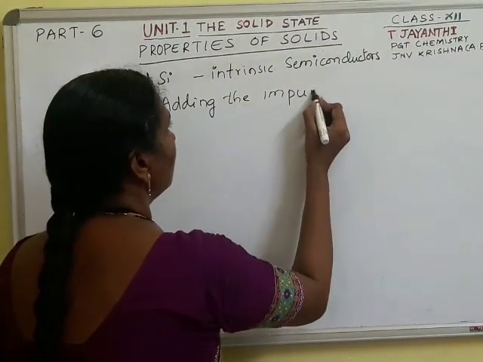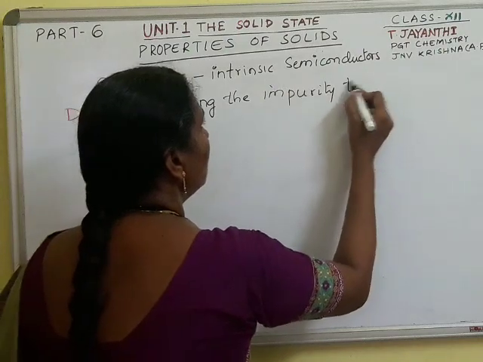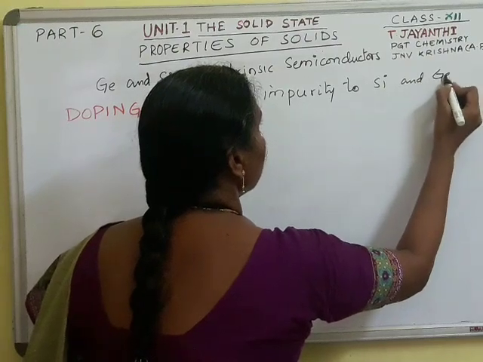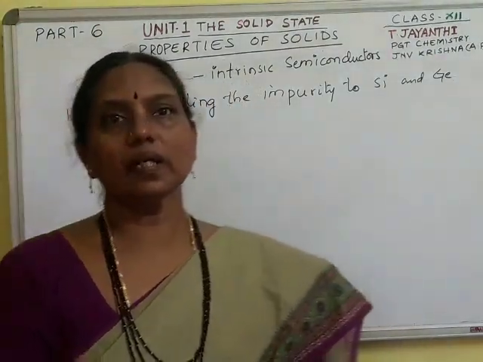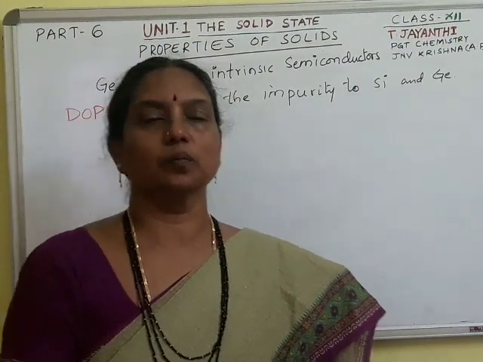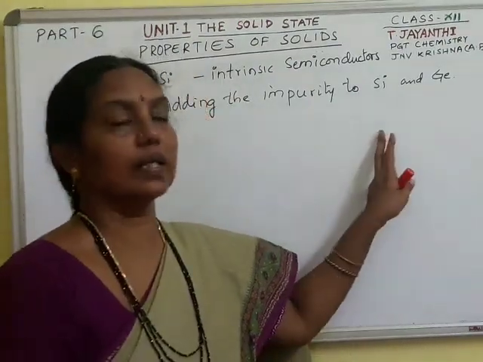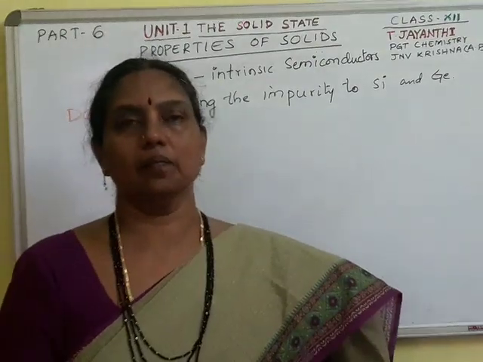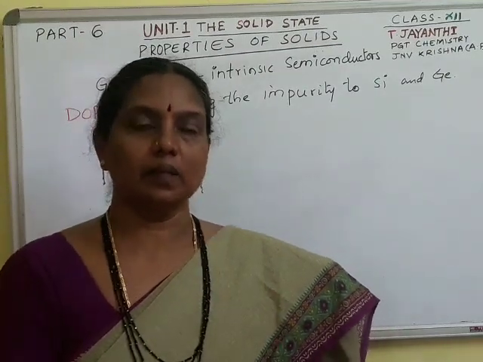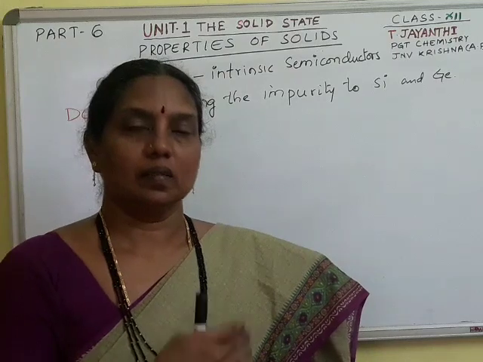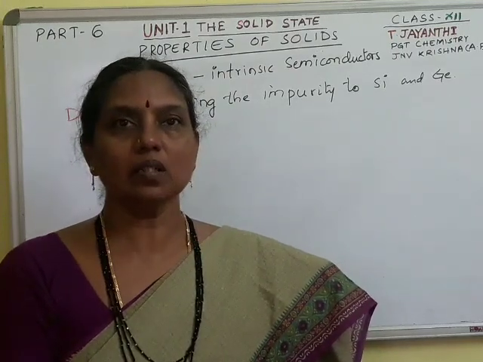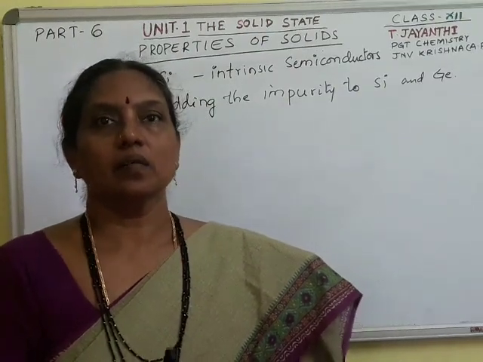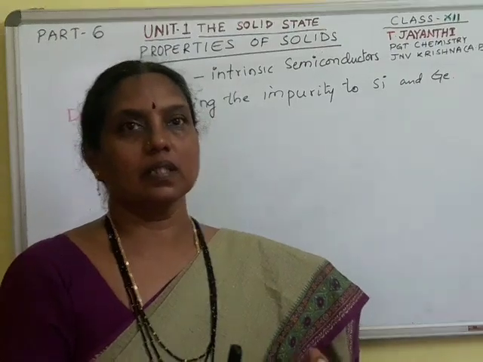impurity to silicon and germanium. Now silicon and germanium belong to the 14th group. So around each silicon there are 4 electrons, and when these are mixed with any other element which has higher or lower valence electrons than silicon, there will be a difference in the property of silicon or germanium.